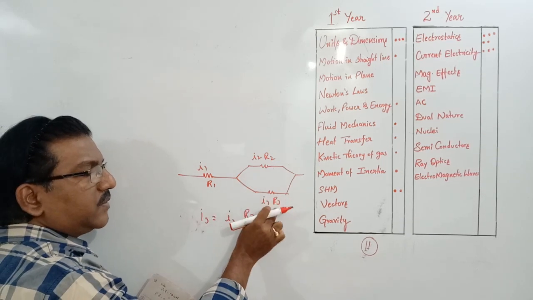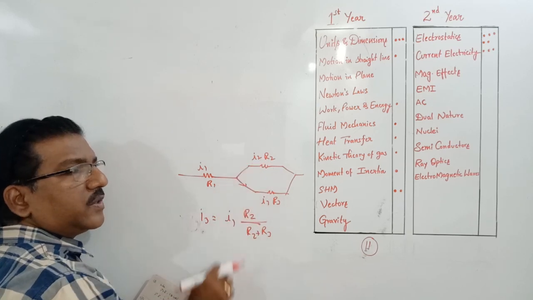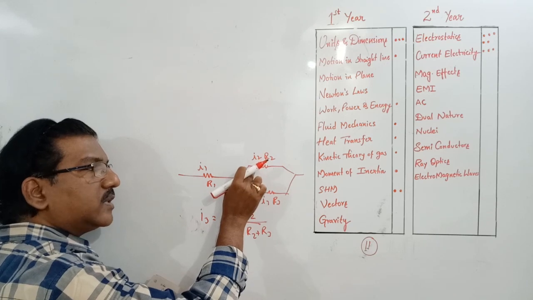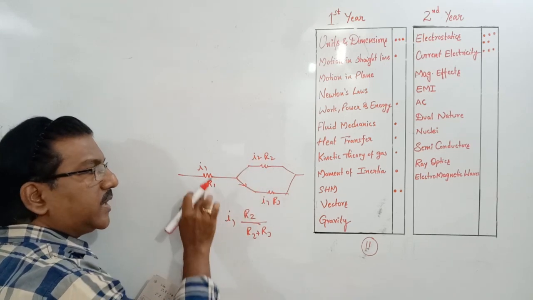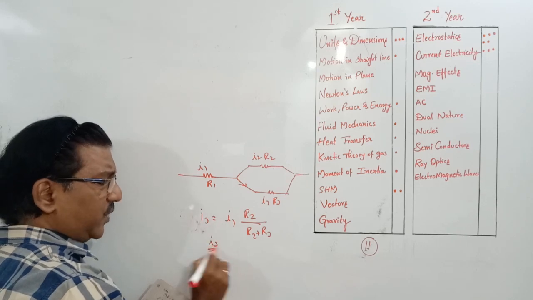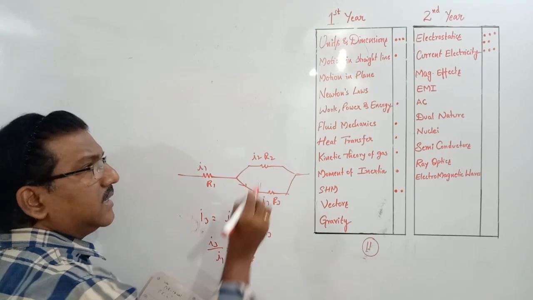I3 is equal to the current through this one, and here is I1. How much current goes is decided by R2. Where resistance is more, less current; here is more current. So what do you want? I3 by I1 is R2 by R2 plus R3. One more.